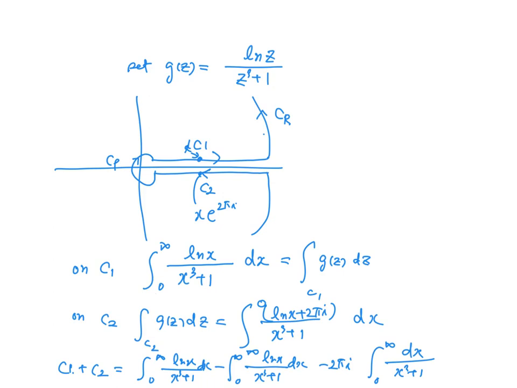So when you add them together, this cancels each other. And this is actually the original integral we wanted to evaluate. This is I.